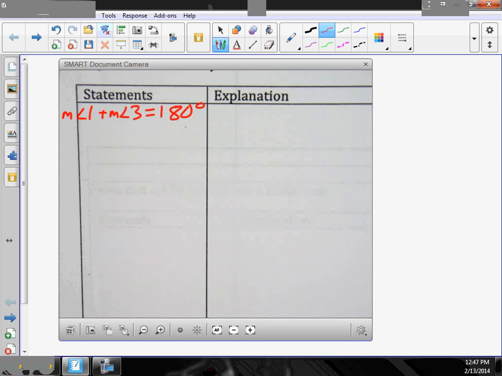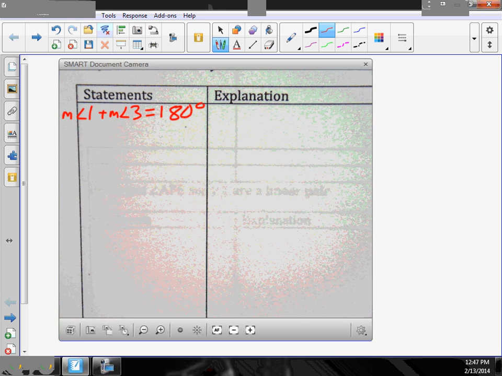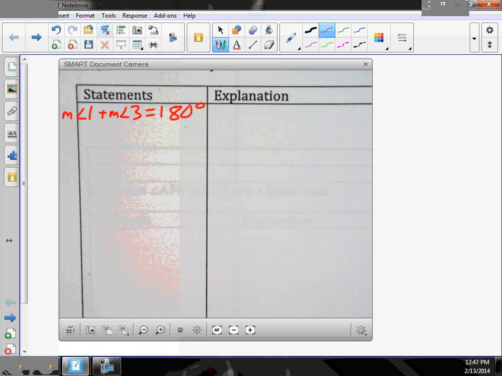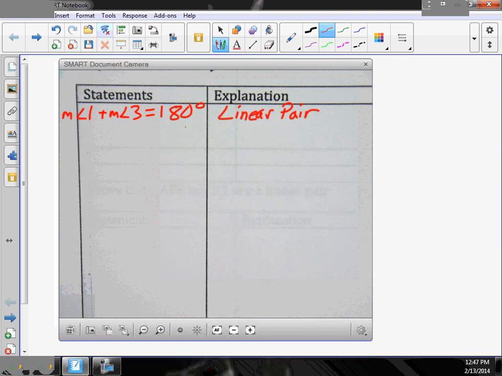How do we know that's true? You could say because whatever the name of the line is, it's a straight line and they're adjacent. You could also say they're a linear pair. So my proof doesn't have to be the same as yours. As long as yours explains the necessary components, it doesn't matter how you write it.